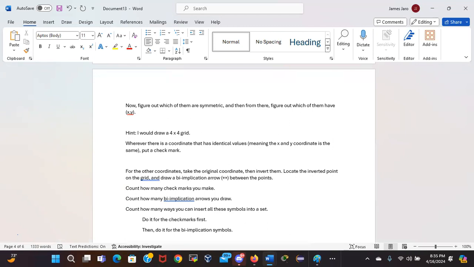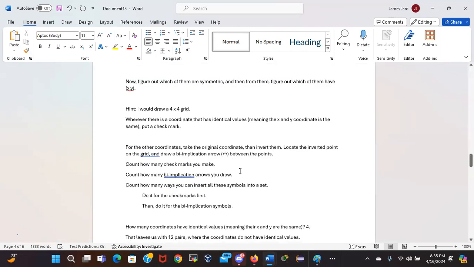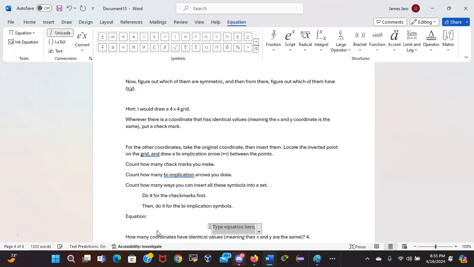Are there any equations for determining symmetrical relations? Off the top of my head, I think there is. I can't remember.